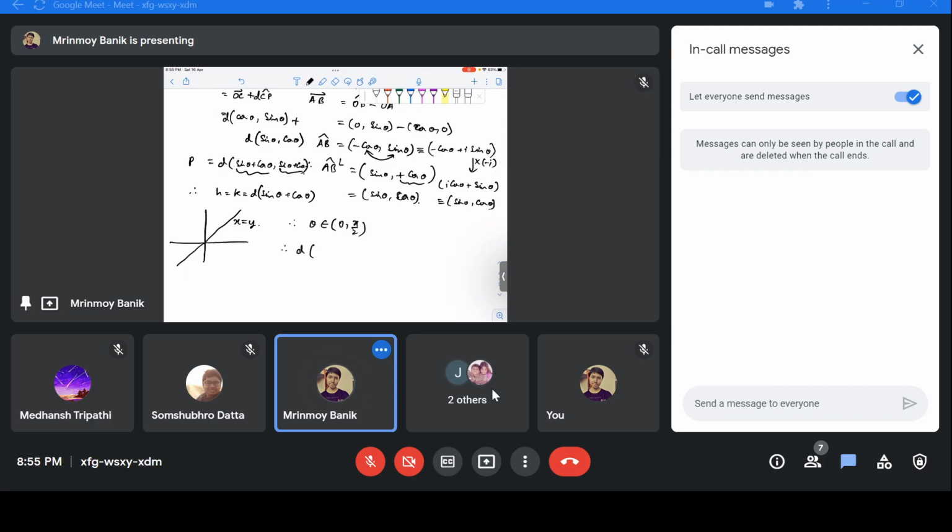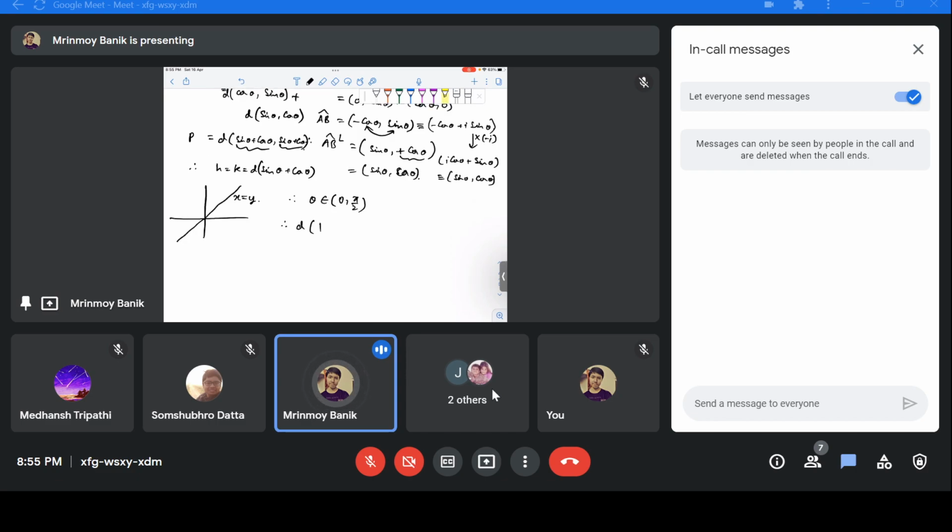Therefore, d sine theta plus cos theta at 0 is 1, and at pi by 2 it's also 1. No, we have to find the range.